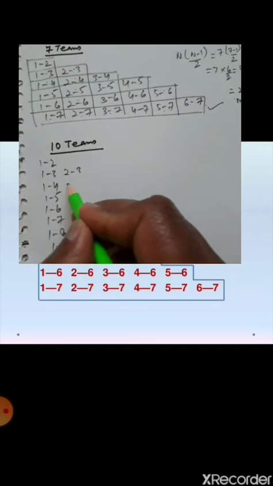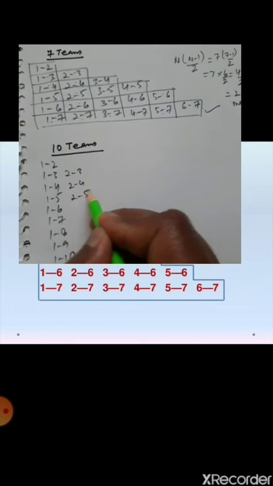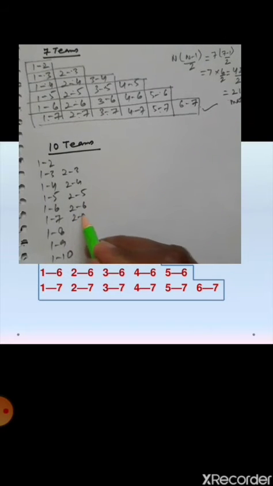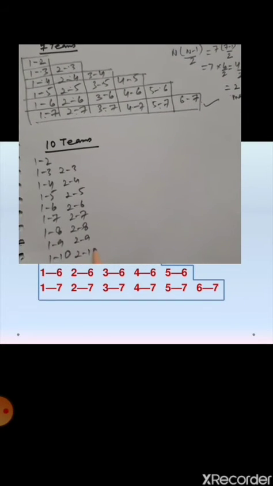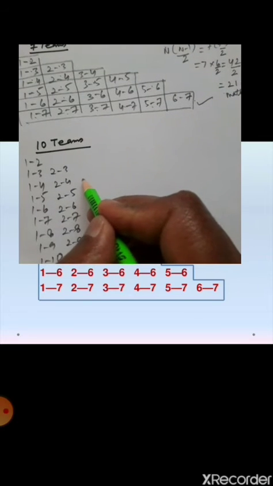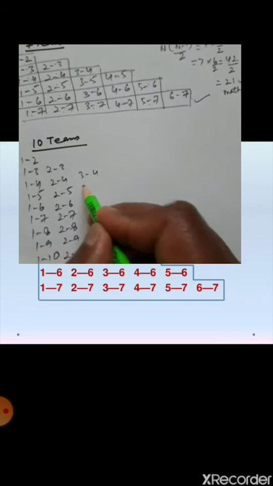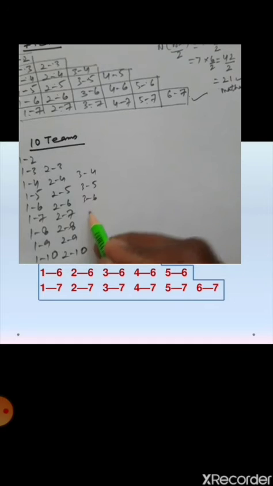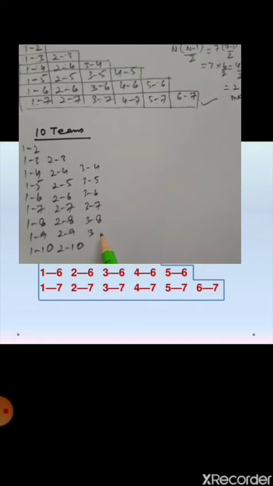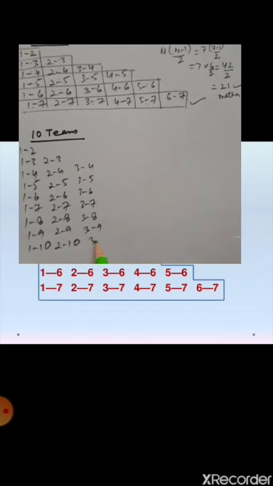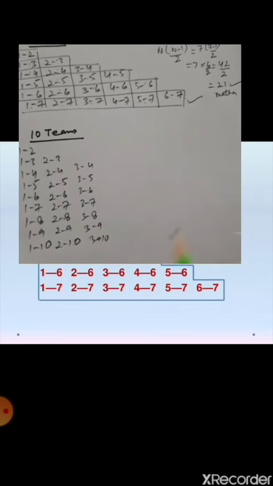Then 2 by 3, 2 by 4, 2 by 5, 2 by 6, 2 by 7, 2 by 8, 2 by 9, 2 by 10. Then we'll take 3 by 4, 3 by 5, 3 by 6, 3 by 7, 3 by 8, 3 by 9 and 3 by 10.